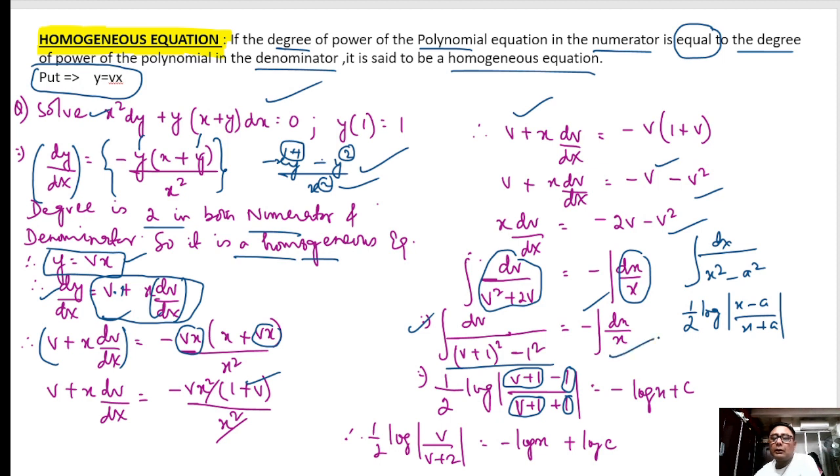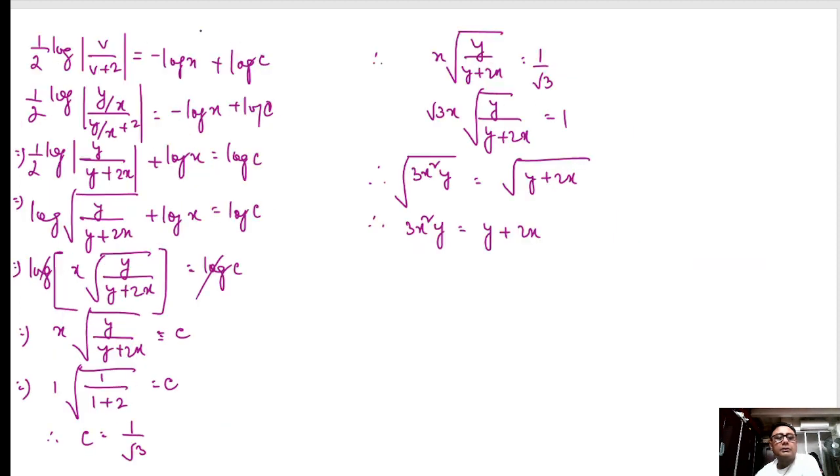Clear? And this is log x. So this becomes v by v plus 2 minus log x plus c. And how to solve this? So watch here. After this, so here it comes. Now in place of v, we will put y by x.